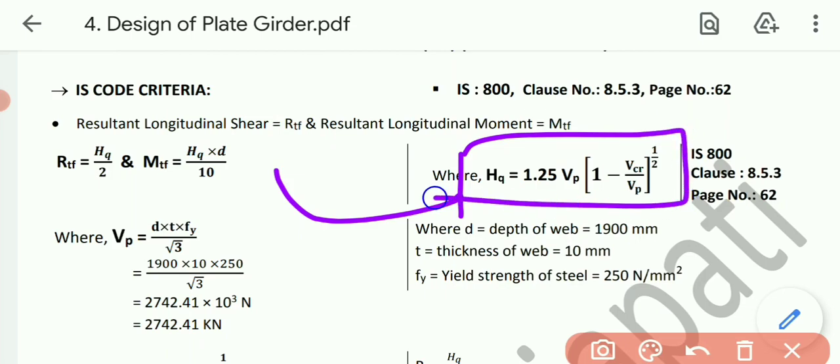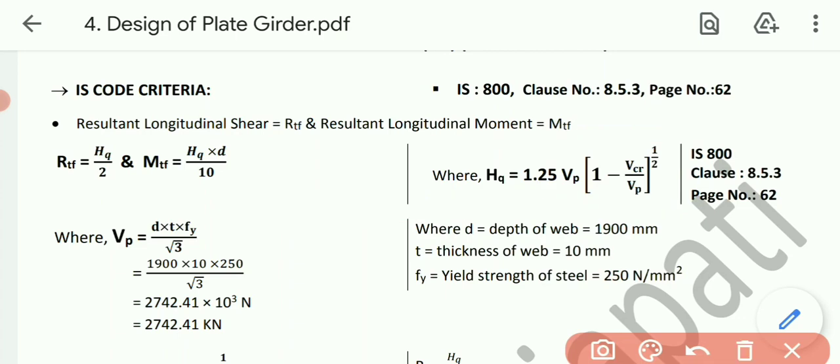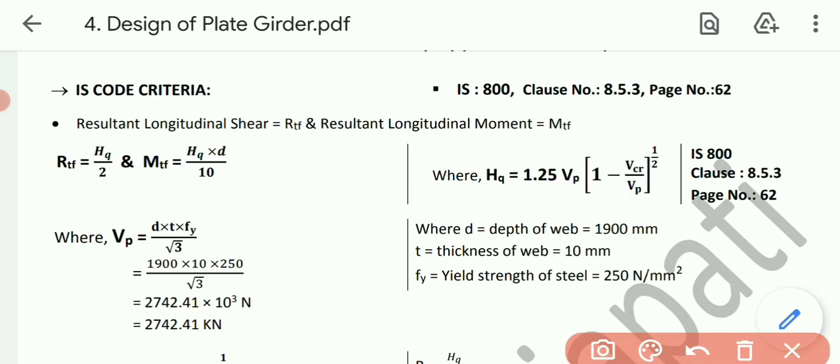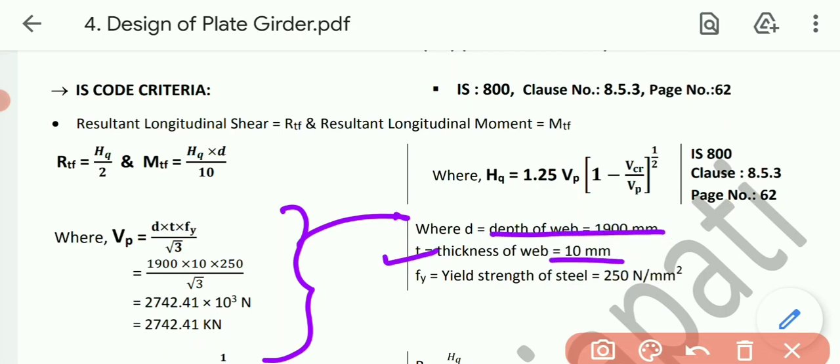Let's talk about the unknown parameters. First of all, we need to calculate Vp, so that we will get the value of HQ and MTF. The formula for Vp is D into T into Fy divided by root 3. The unknown parameters are D, depth of web, that is 1900, T, thickness of web, that is 10 mm, and Fy, that is yield strength of steel, 250 Newton per mm square.